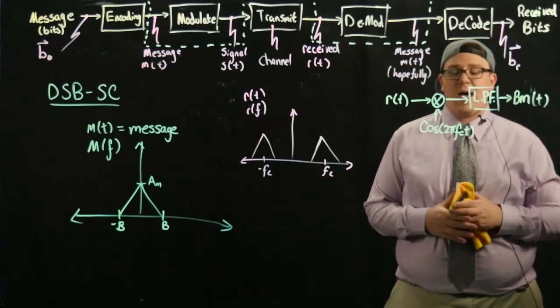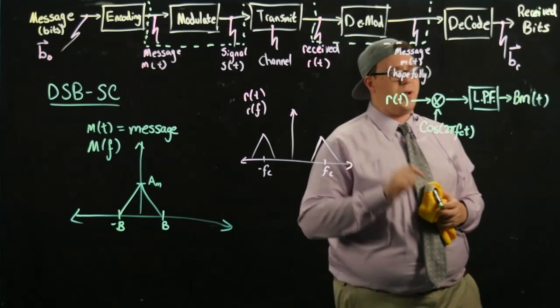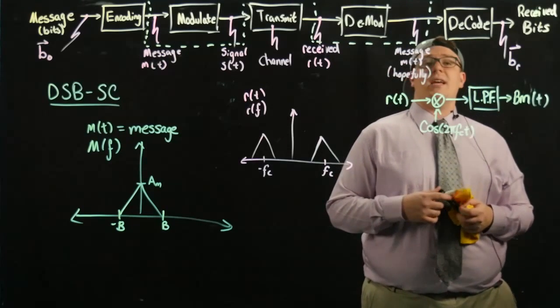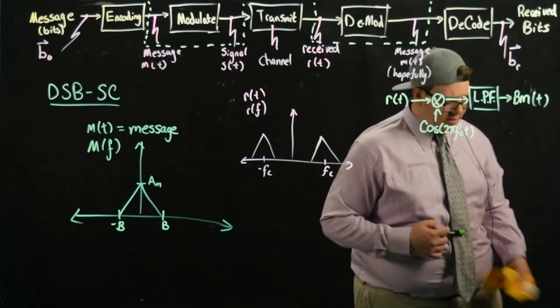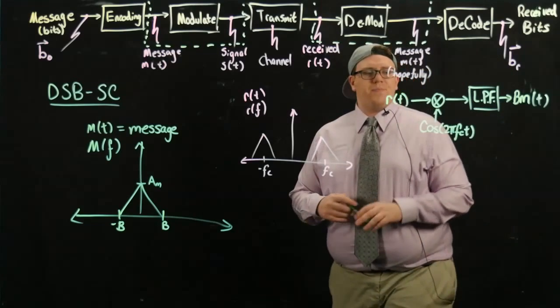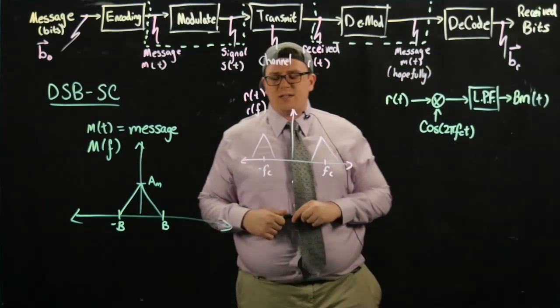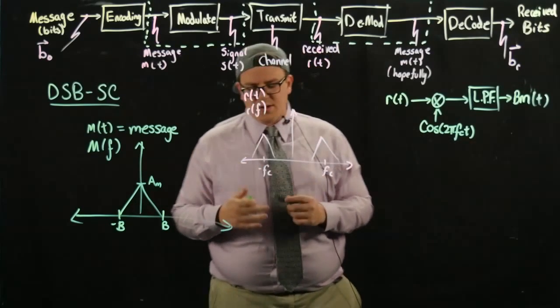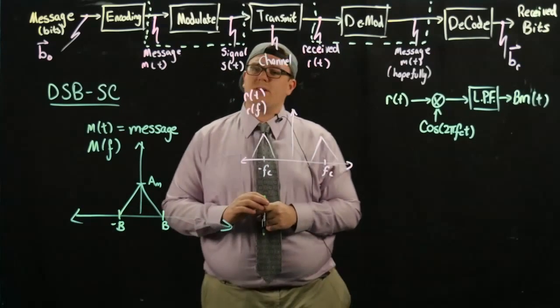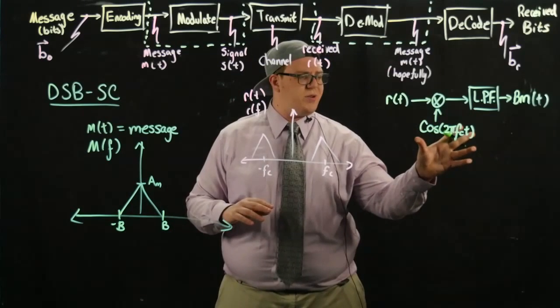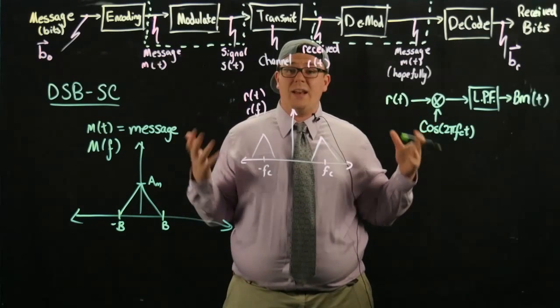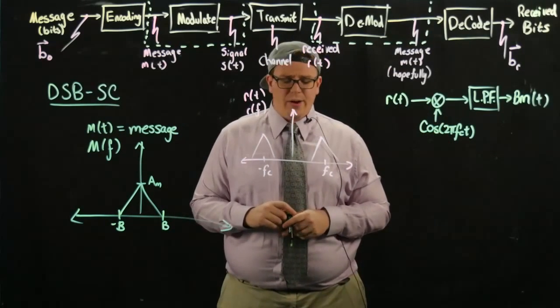You can always scale it back up to where you want, or avoid that by putting some 2s wherever you multiply by a cosine, so that you just get delta functions and not half delta functions. The reason we have to do these is, let's first just apply this and see what happens, and it'll make sense why we do it.